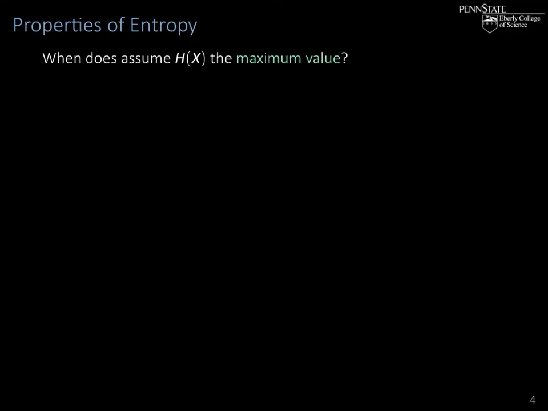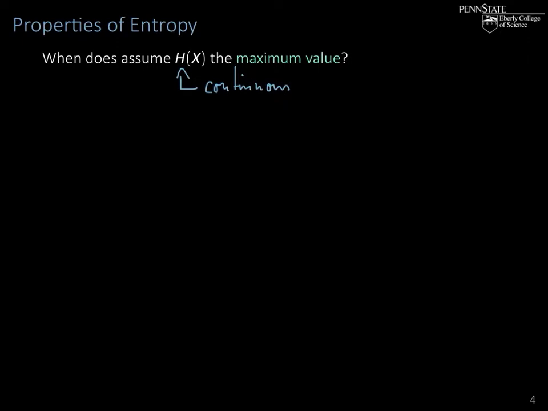We can also ask, when does the entropy assume the maximum value? Well, H is continuous, as you can easily see from the definition, and it's defined on a compact set in the sense that it's defined for all probability vectors.